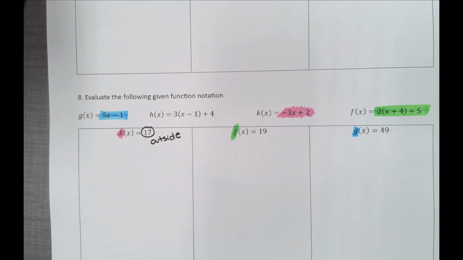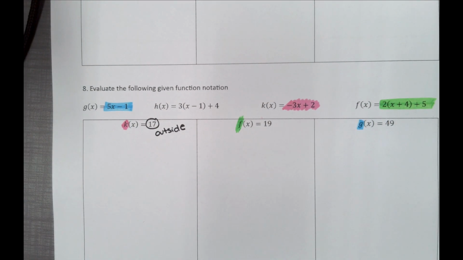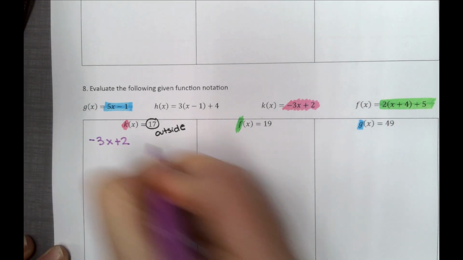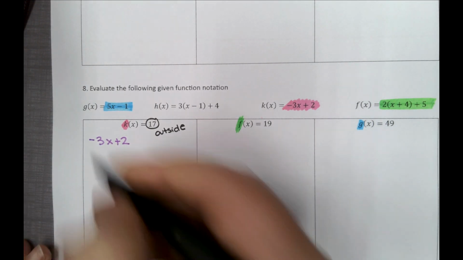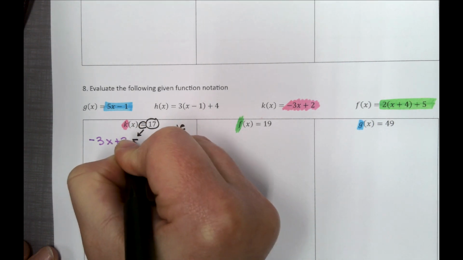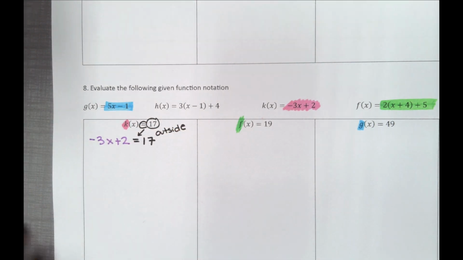So we're still, step number 1, going to copy down the correct function. So here's k, negative 3x plus 2. But because we are now dealing with outside, we're going to take this equals 17 and write it on the outside of our function.